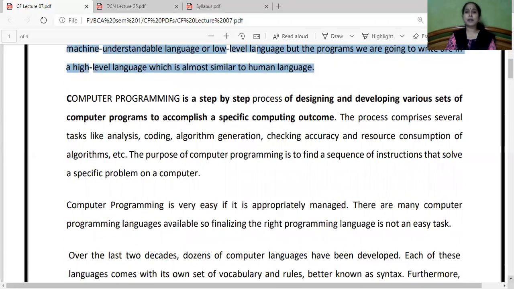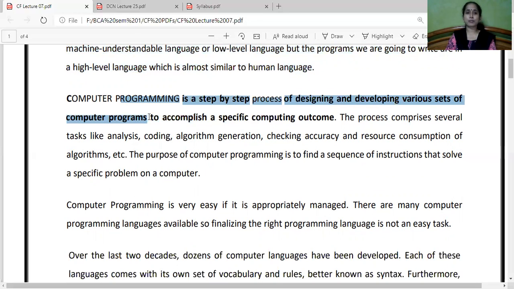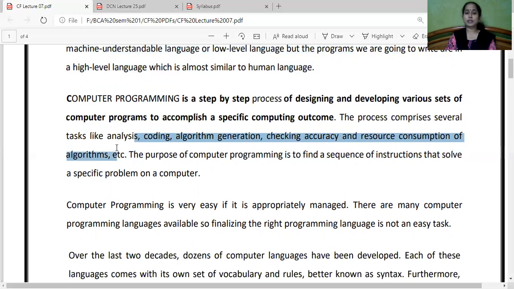Now, computer programming. What is computer programming? It is a step-by-step process of designing and developing various sets of computer programs to accomplish a specific computing outcome. The process comprises several tasks: analysis, coding, algorithm generation, checking the accuracy and resource consumption of the algorithm, etc. The purpose of computer programming is to find a sequence of instructions that solve a specific problem on a computer.